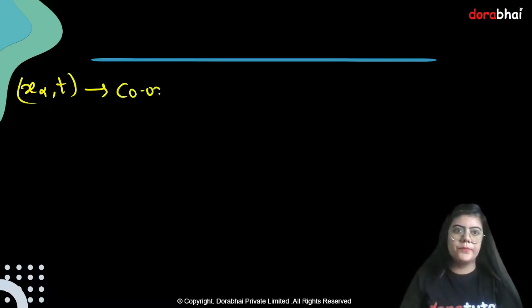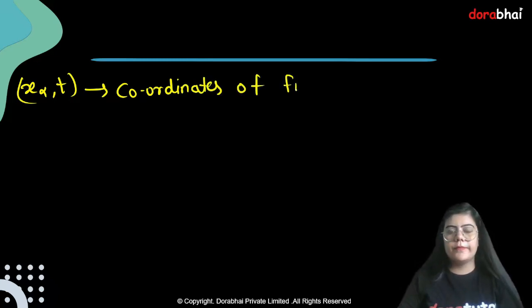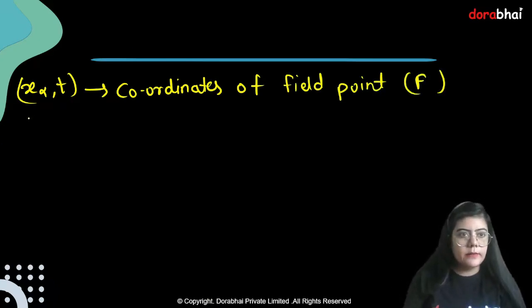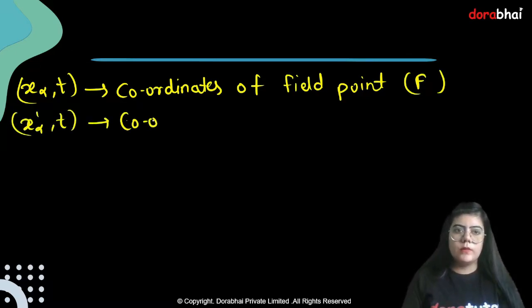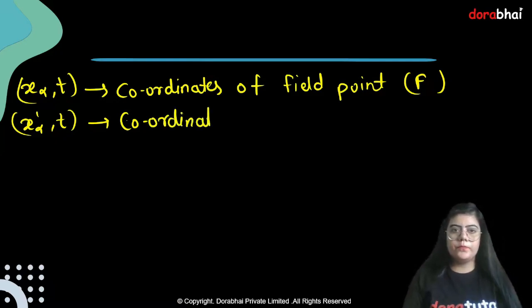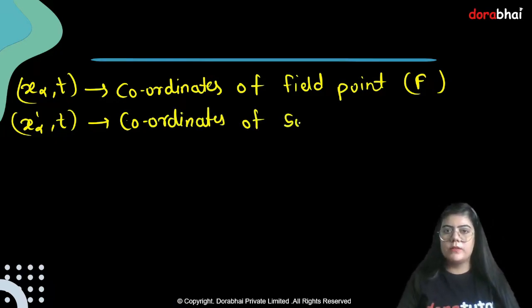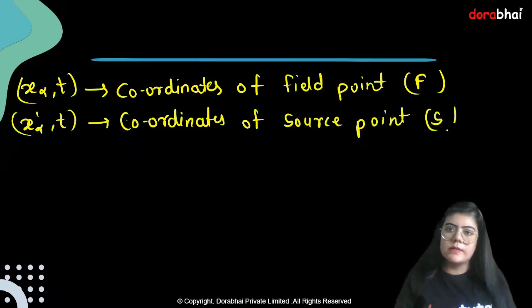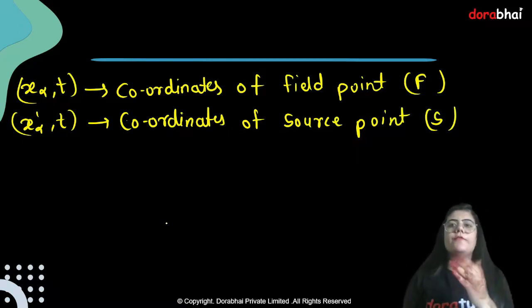First of all, x alpha t are the coordinates of the field point, that is F, and x alpha dash t are the coordinates of the source point, that is S.